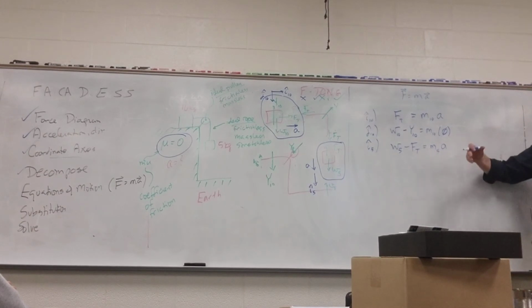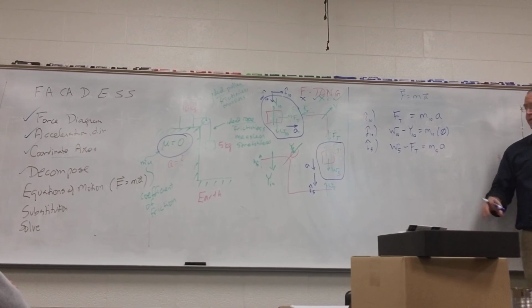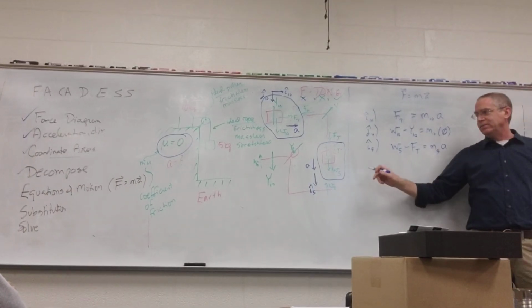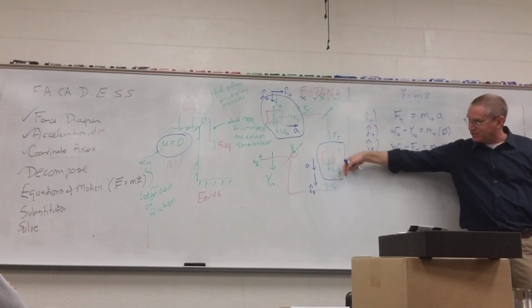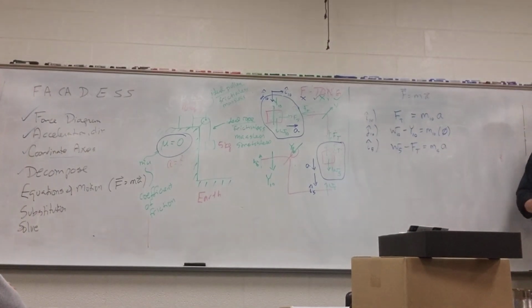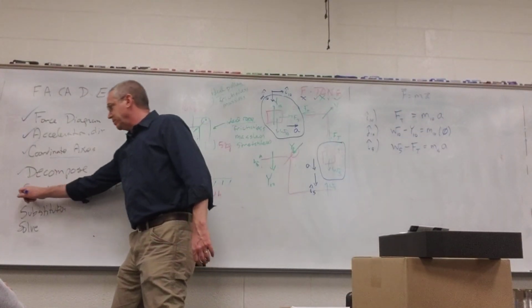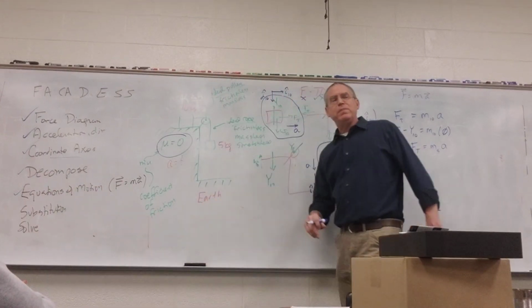That's why I have the steps laid out. Once we do the force diagram right and have the coordinate axes laid out, this part should just be positive that way. It's that minus that. That's it for the Newton's second law equations.